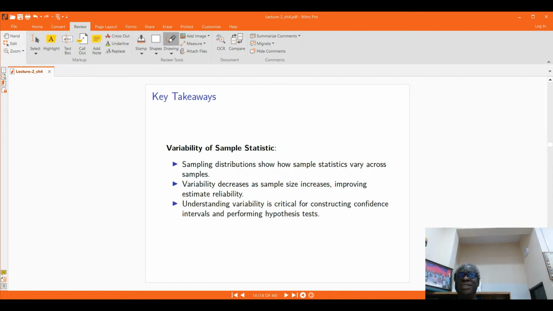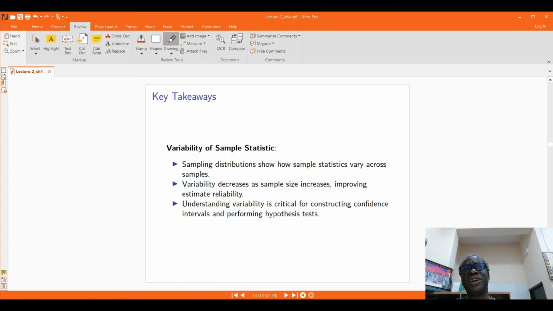Next is that if you increase the sample size, then you are reducing the standard error of that statistic.